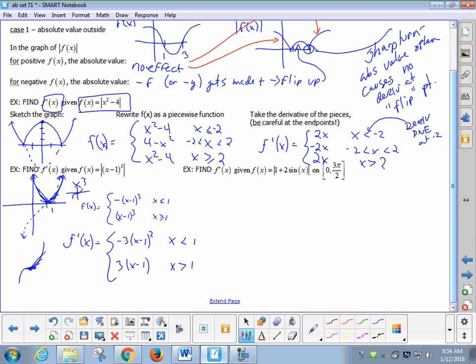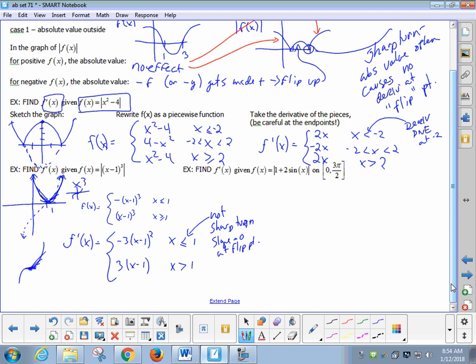And you are correct then. It does exist at 1. There is not a sharp turn there, so you should include it. Not a sharp turn because the slope was 0 at the flip point, which is actually different than this guy.